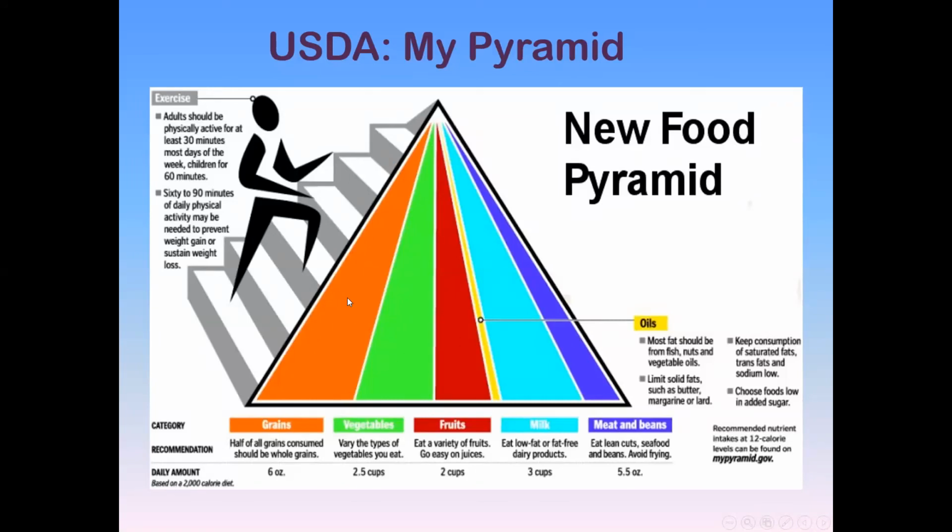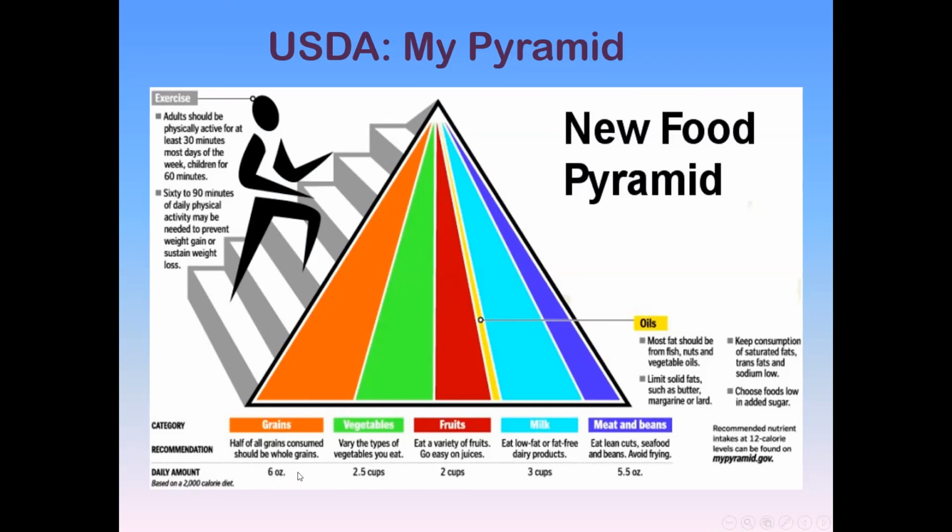And as you notice here, they added the stairs to show you that you should be physically active for at least 30 minutes a day, up to 60 minutes also. And if you want to prevent weight gain or sustain weight loss, you need to even increase your level of physical activity.